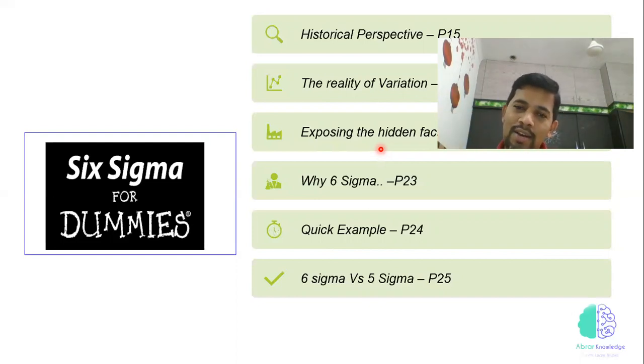That means we are allowed to have only 3.4 defects per million opportunities. If you happen to make a million products, that means 3.4 defects is the allowance. We'll discuss more on that. So these are the six things that we will be discussing today. I'm very excited to discuss each subject.